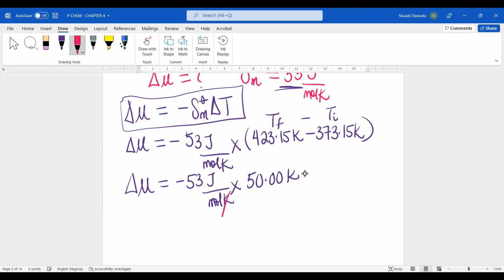So you cancel out the Kelvin. Change in chemical potential is just negative 53 times 50, which is negative 2650 joule per mole. So this is basically the answer to this question.